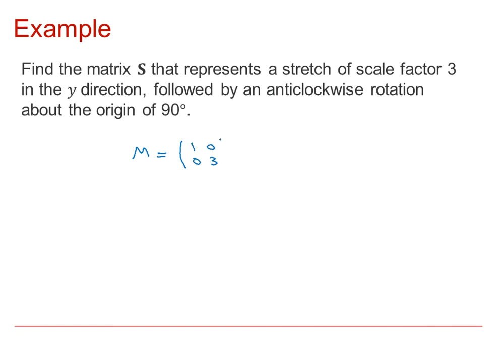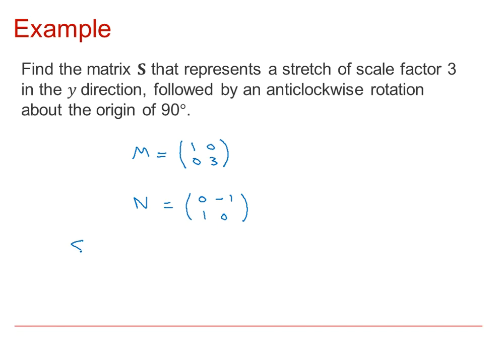So I'm stretching the y coordinate by a factor of 3. I need to follow that now with an anti-clockwise rotation about the origin of 90 degrees, which I'm going to call matrix N. So that's 0 minus 1 1 0.